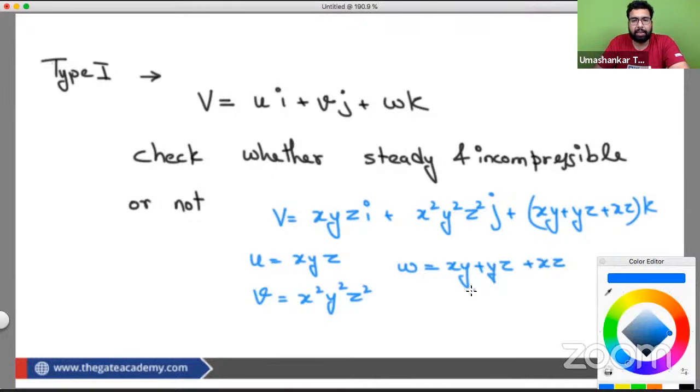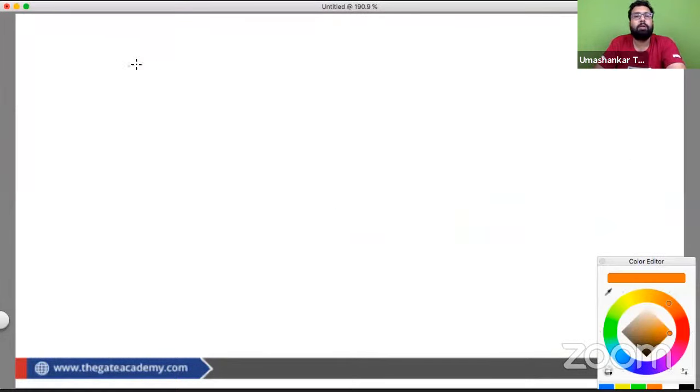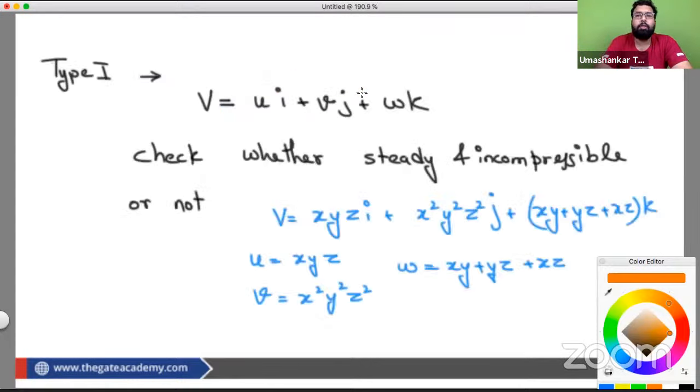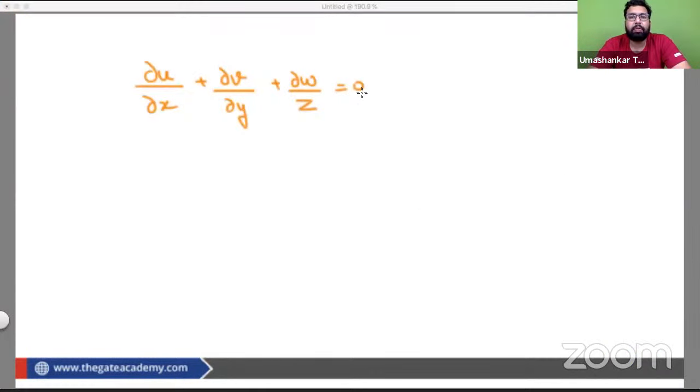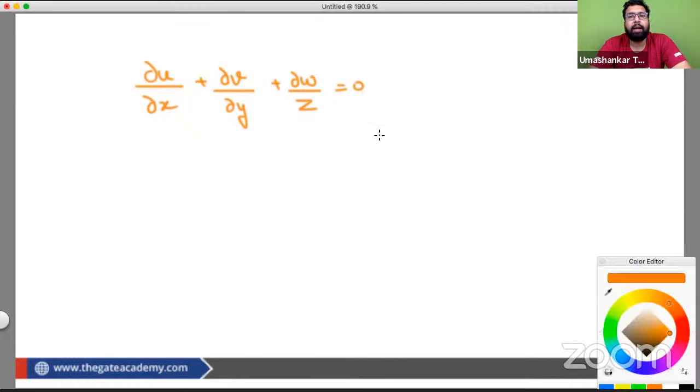So how can we see whether the flow is steady and incompressible? You can go to this equation, del u by del x plus del v by del y plus del w by del z. Put the values of u, v, w in this equation and check whether it is being satisfied or not. If this equation is getting satisfied, then you can say the flow is incompressible and steady.